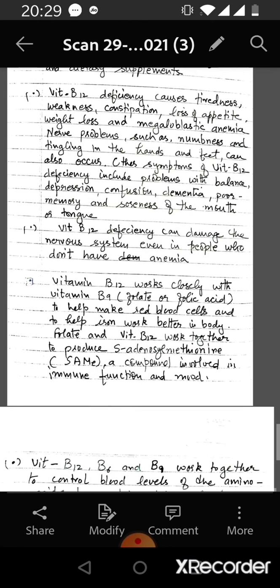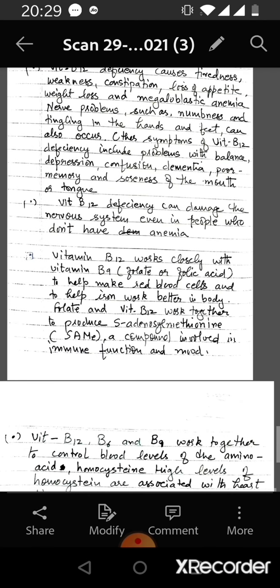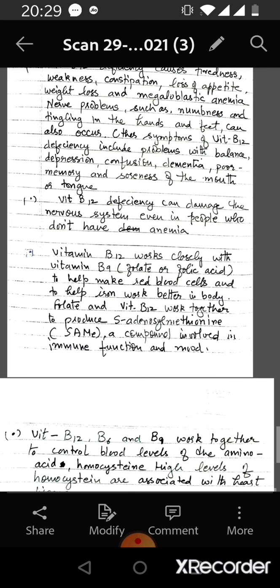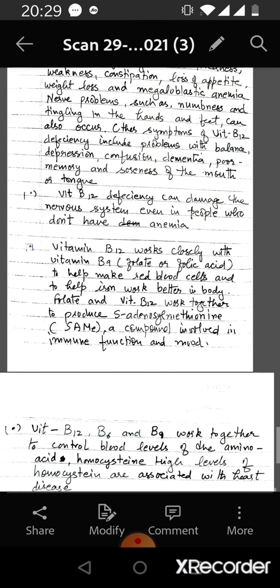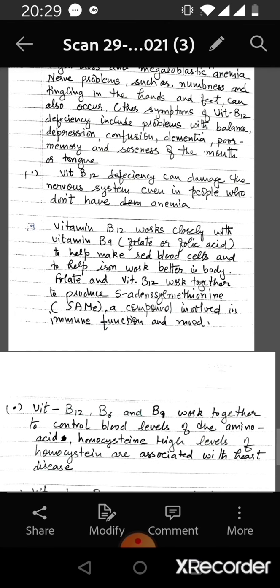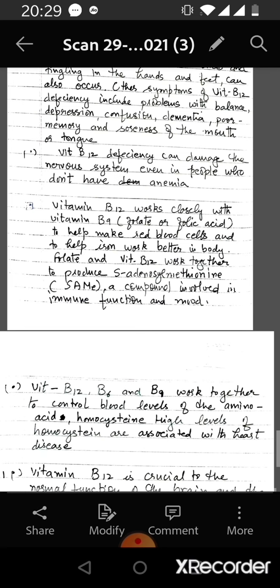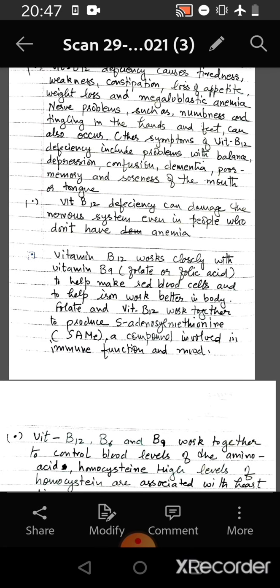Nerve problems such as numbness and tingling in the hands and feet can also occur. Other symptoms of vitamin B12 deficiency include problems with balance, depression, confusion, dementia, poor memory, and soreness of the mouth and tongue. Vitamin B12 deficiency can damage the nervous system even in people who don't have anemia.